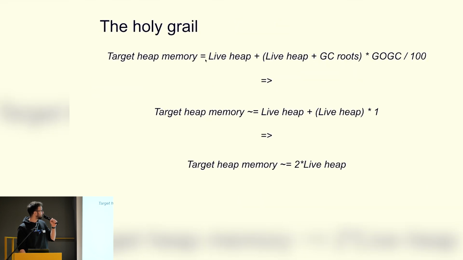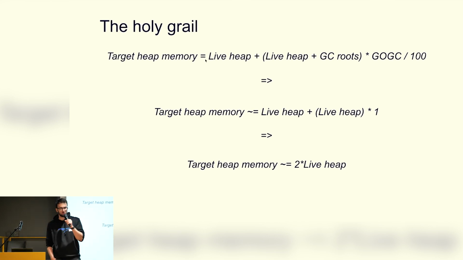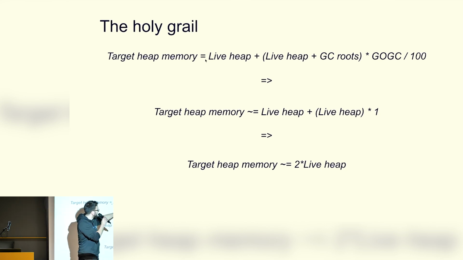Alongside this, I found the Holy Grail, and that's this formula. This is a formula that the garbage collector uses to calculate the live heap and the heap goal. So what's happening here? It takes the target heap memory, which is the heap goal. It takes the live heap size from the previous garbage collector cycle.